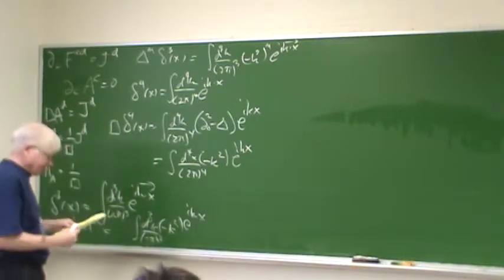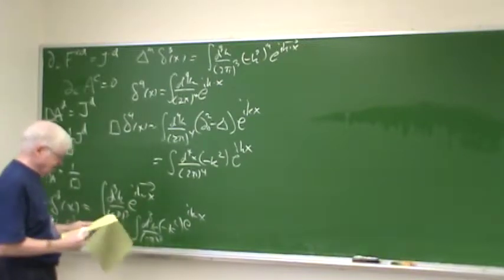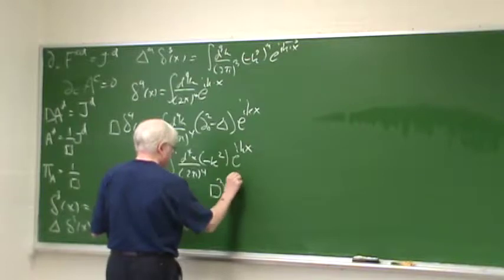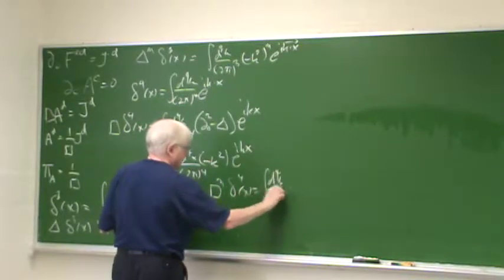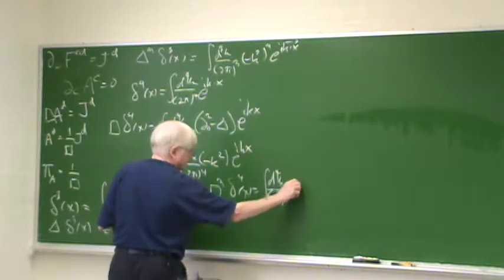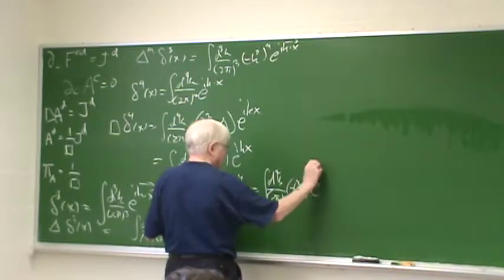And consequently, once again, you can say, well, box to the n on delta 4 of x is an integral d4k over (2 pi) to the 4th, minus Lorentz k squared to the n e to the i k x.